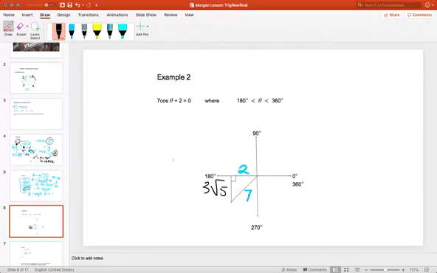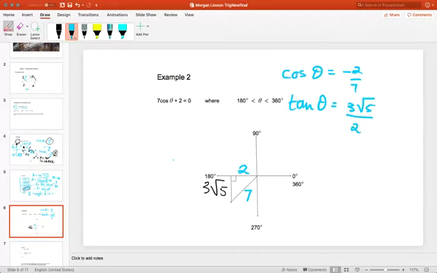And now if you quickly were to have a look over there, you could say the following. Cos theta is negative 2 over 7. Tan theta, which is y over x, would be positive 3 root 5 over 2, because tan is positive in quadrant 3.